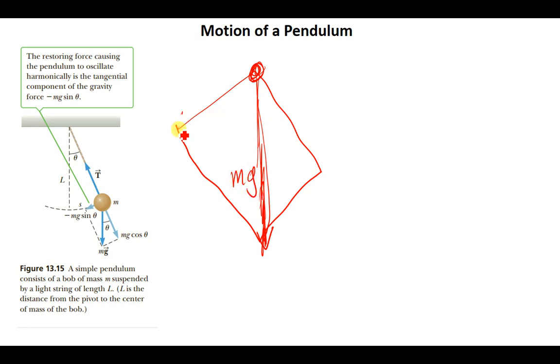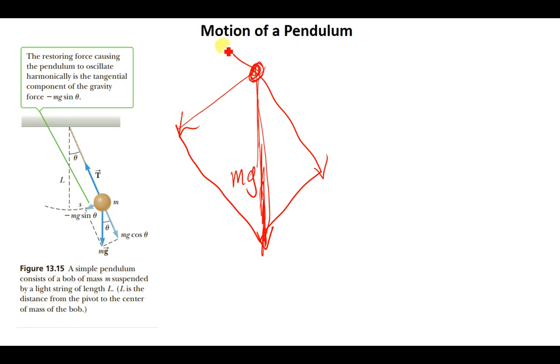Then you have the direction of the tangential force. So the tangential force in this case will just be given by mg. It's just the x component of the weight, or rather the force of the bob.